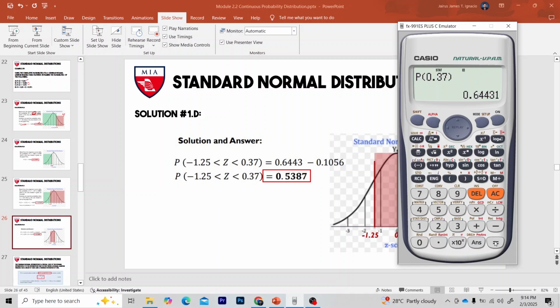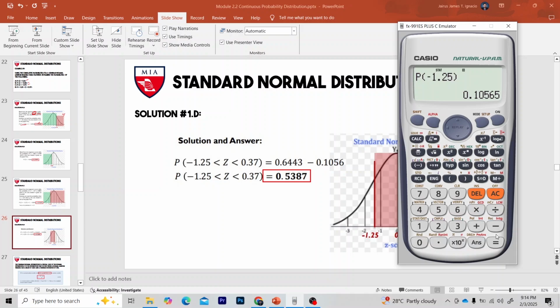Okay? Next, for the lower value, we have shift 1, 5, distribution P. So we have negative 1.25 here. So let's try negative 1.25. So we have 0.1056. Okay?